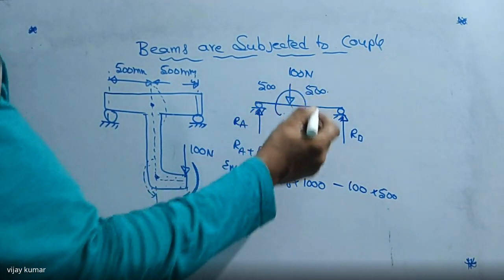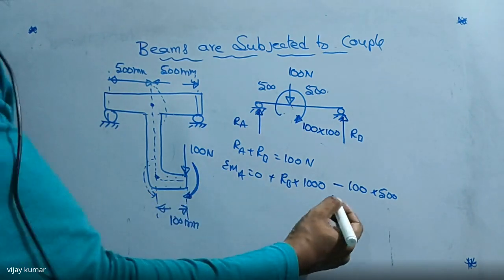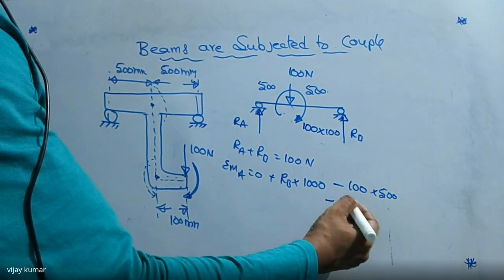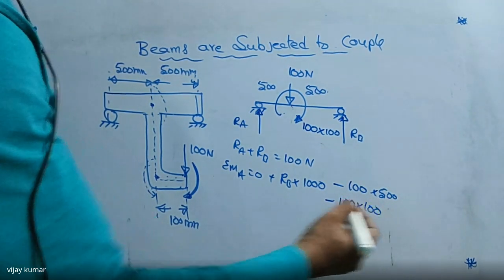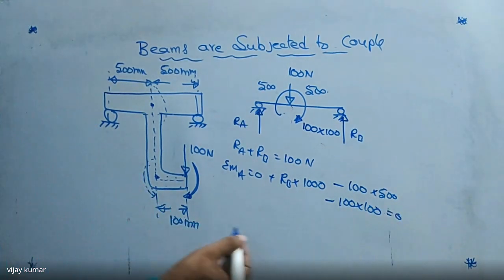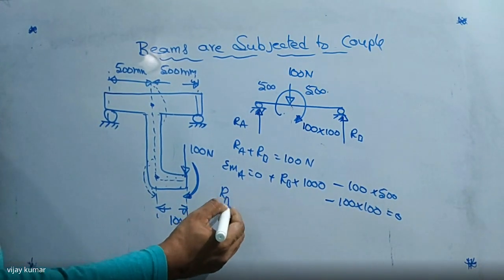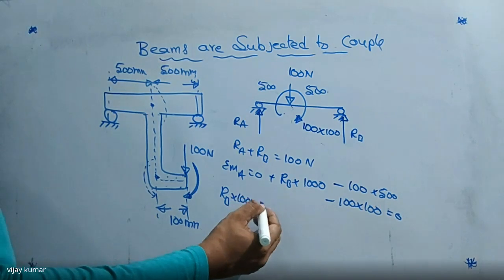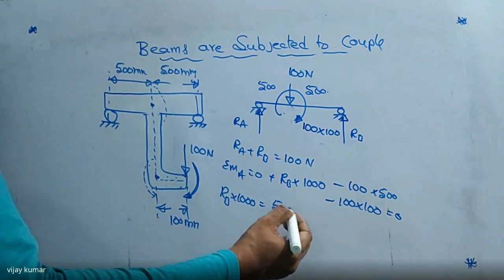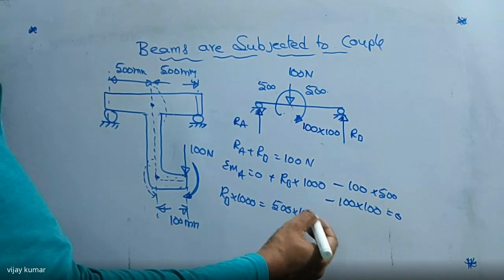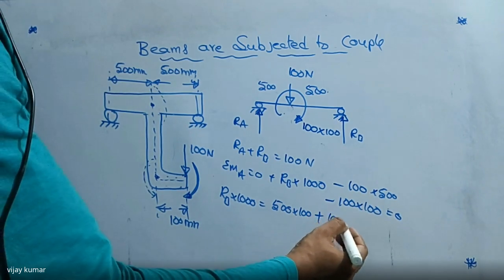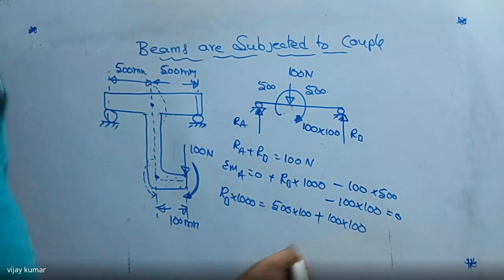And the last one, consider this couple also. What is the couple here? The couple is clockwise, so we write 100 into 100. Then I'm writing RB into 1000 is equal to 500 into 100 plus 100 into 100.